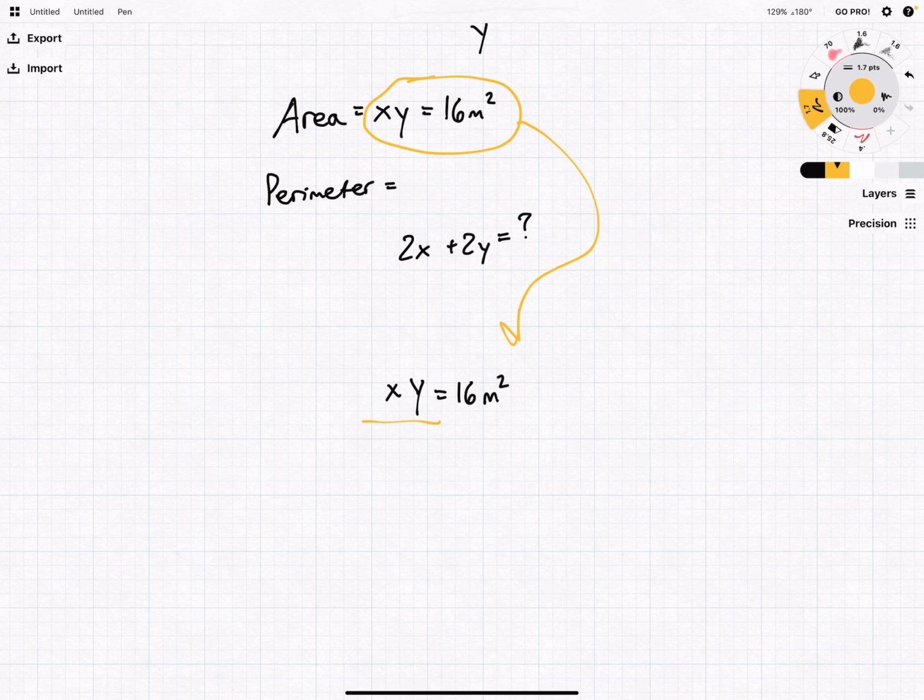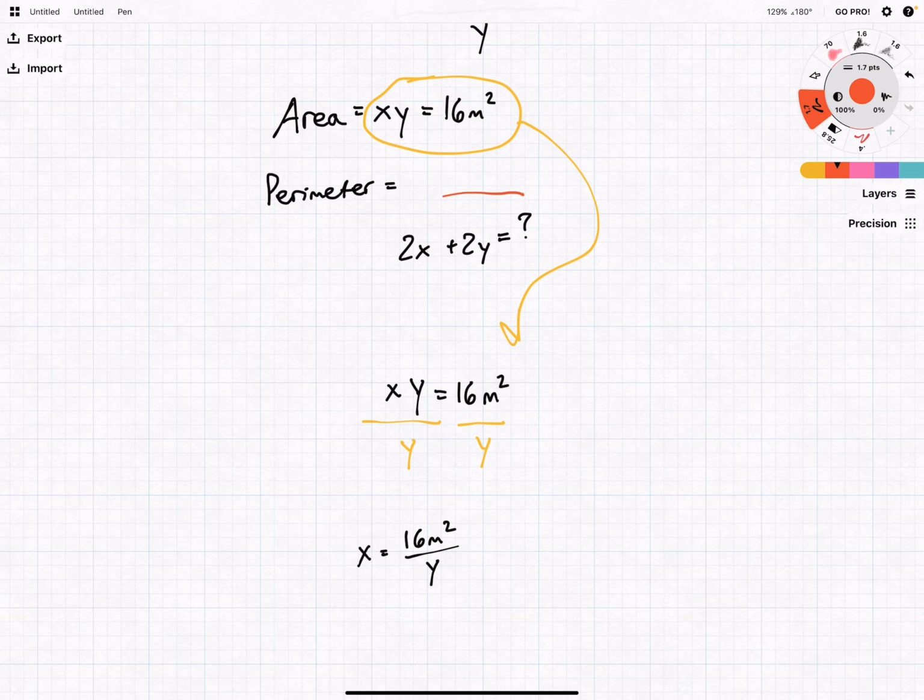We can divide both sides by y, and that will give us x is equal to 16 meters squared over y. Now we have some x value equal to some type of y.